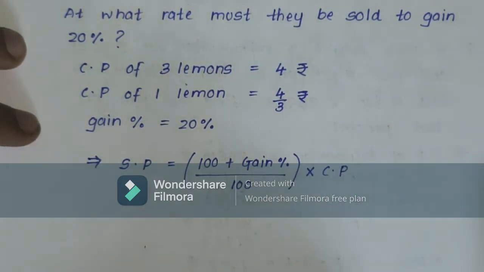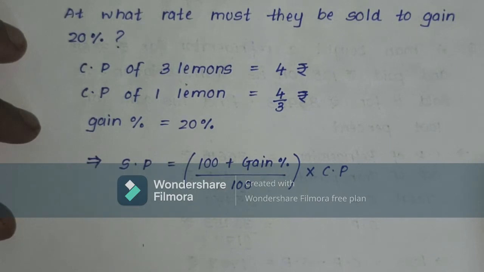Student, I already told you in the beginning of the video that you need to remember 4 formulas. Once you remember those 4 formulas, you can smoothly go through this chapter. Otherwise, there will be a lot of difficulty in this chapter.